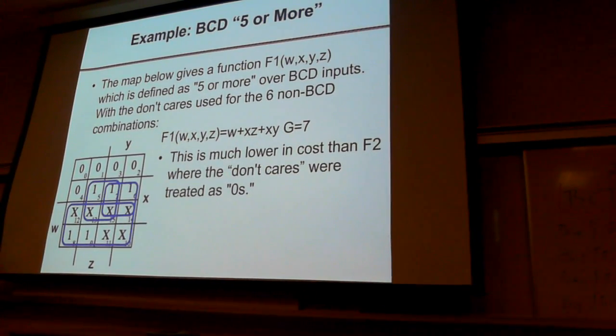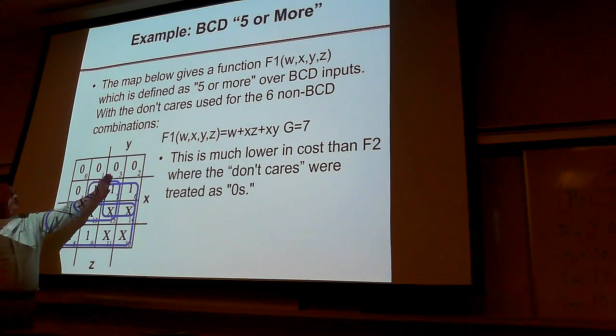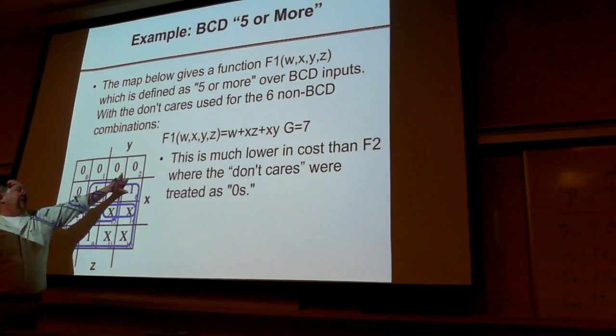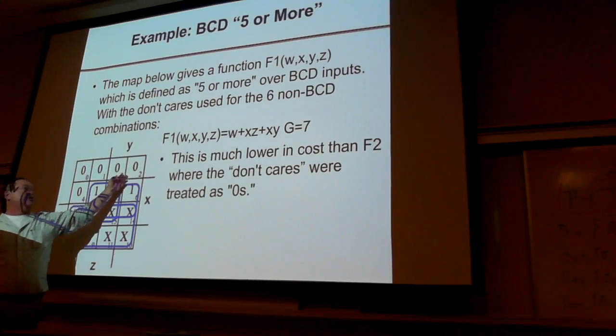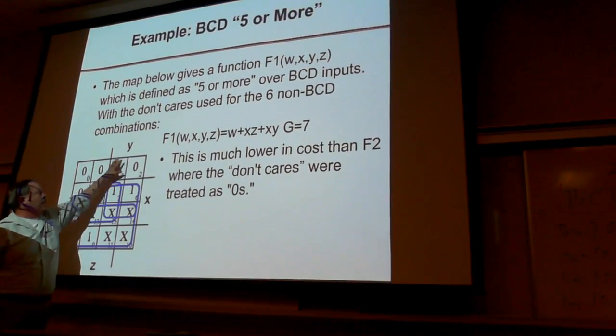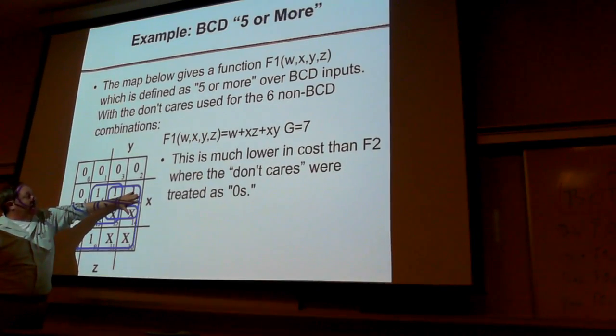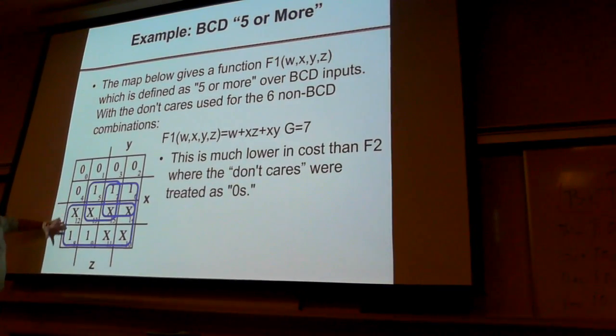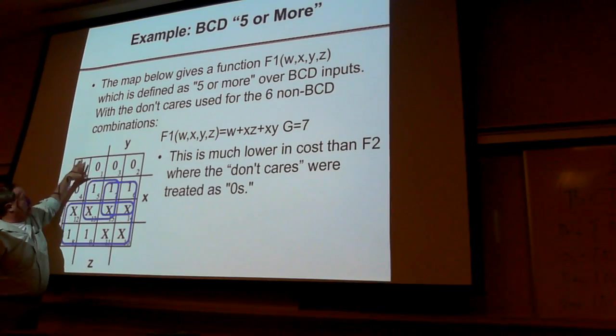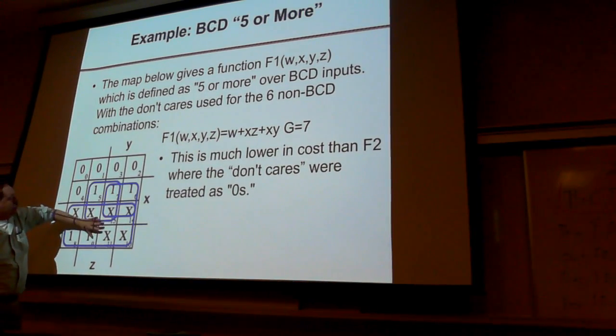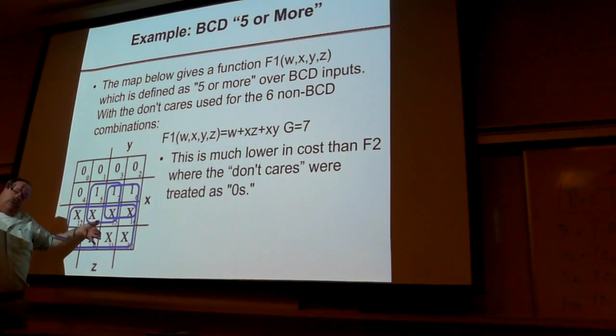By the way, this is the map I was looking for earlier, because it illustrates something else we didn't talk about when we were talking about columns, where I took 0, 1, and I reversed 2 and 3 in my columns, so I can do this y and y not thing here. Likewise, in order to get my x and w's lined up, along with my y's and z's, I'm also going to reverse these rows.